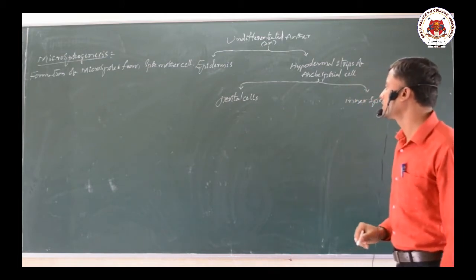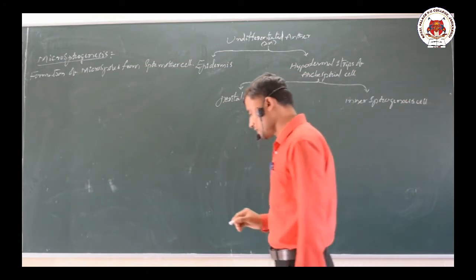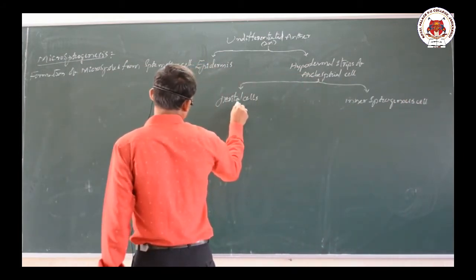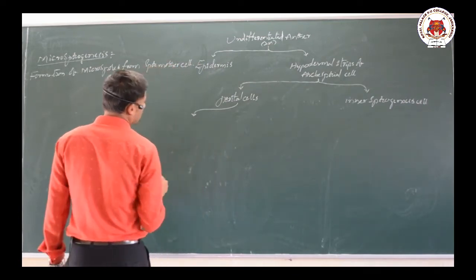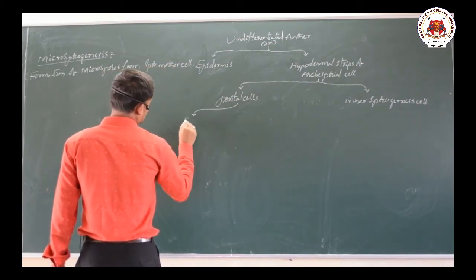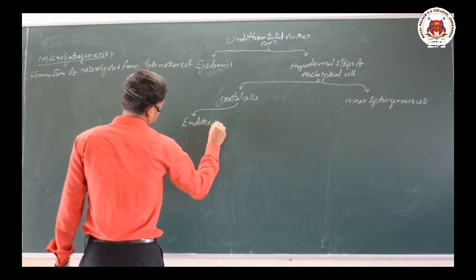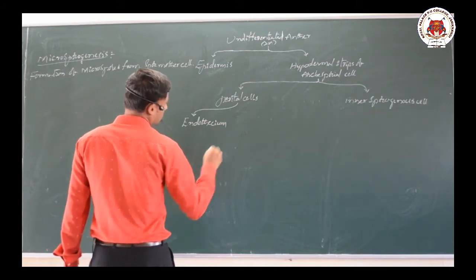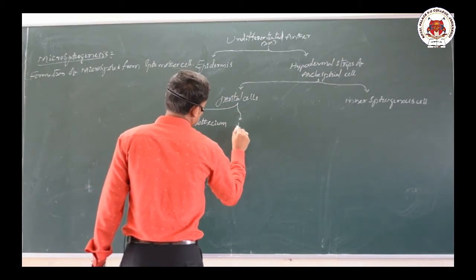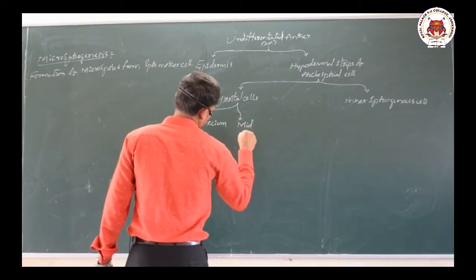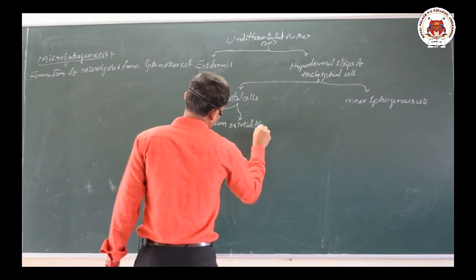The outer parietal cells help in the formation of the anther wall layers: the endothecium, and the middle layers, 2 to 4 layers of middle layers.